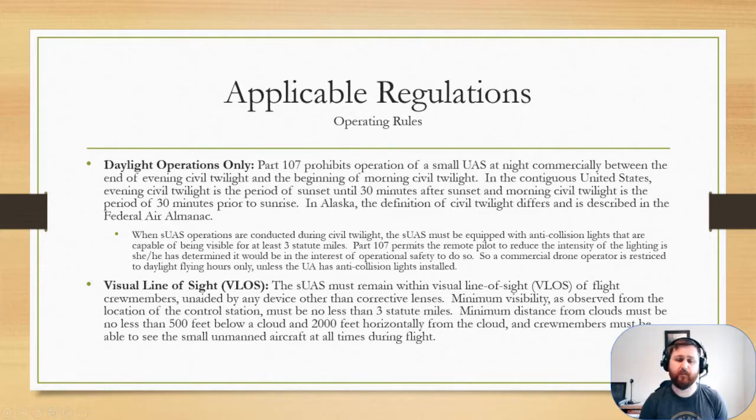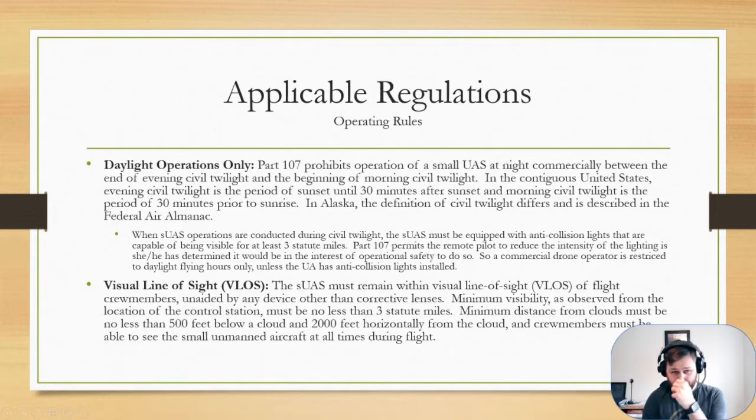Visual line of sight operation is important as well. The sUAS has to remain within your line of sight or the line of sight of flight crew members, unaided by any device other than, say, glasses.